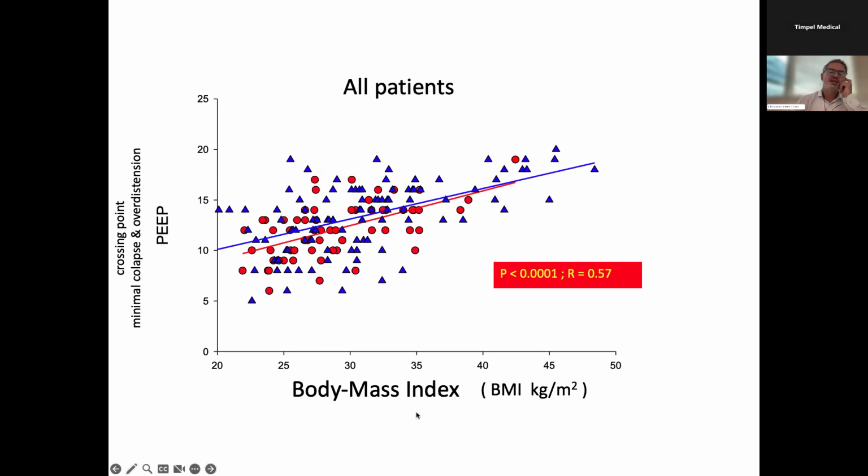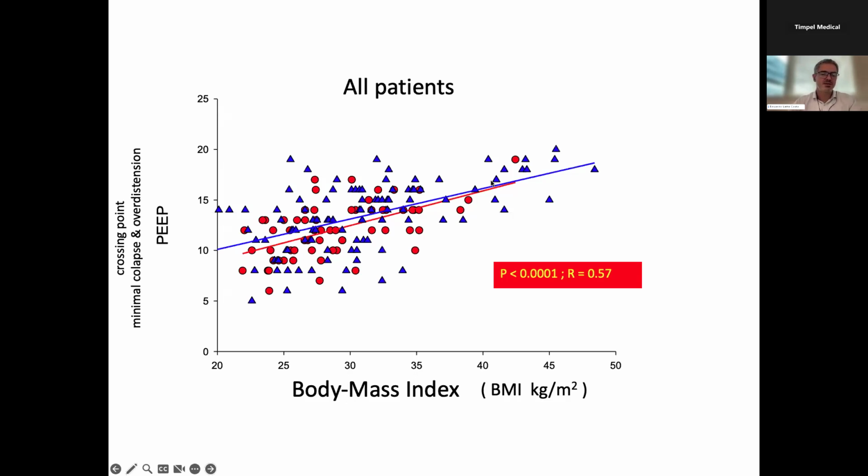But then you could say, okay, wouldn't it be enough, for example, to just know the BMI and then apply PEEP levels that are adequate to a certain BMI? And the answer is clearly no. For example, if you have a BMI of 30, you could have some patients that would need a PEEP value of around 6, other patients that would need a PEEP level of around, let's say, 17. So there's a wide scatter.